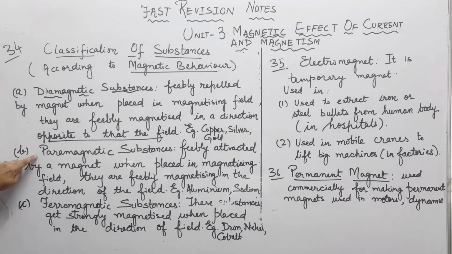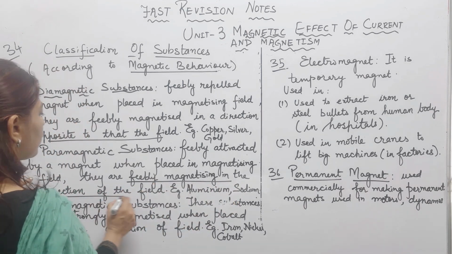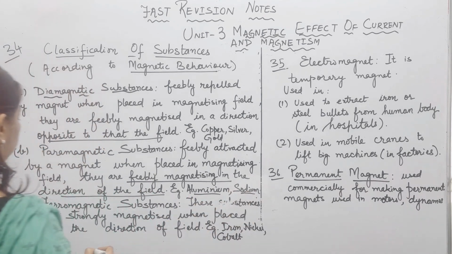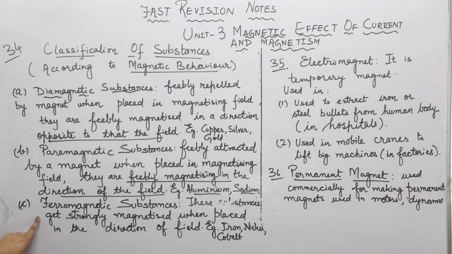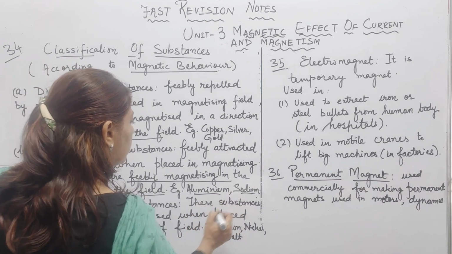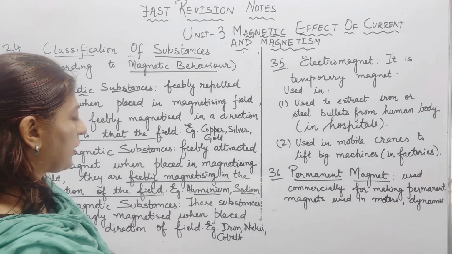Paramagnetic substances are feebly attracted by a magnet when placed in a magnetic field. They are feebly magnetized in the direction of the field, and examples are aluminium, sodium, etc. Ferromagnetic substances are strongly magnetized when placed in the direction of the field. Examples are iron, nickel, cobalt.